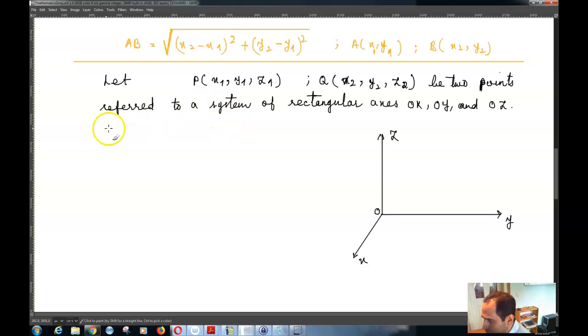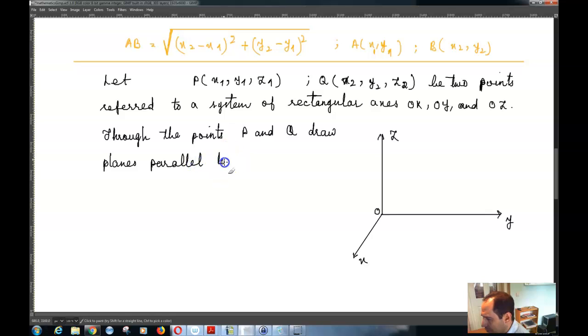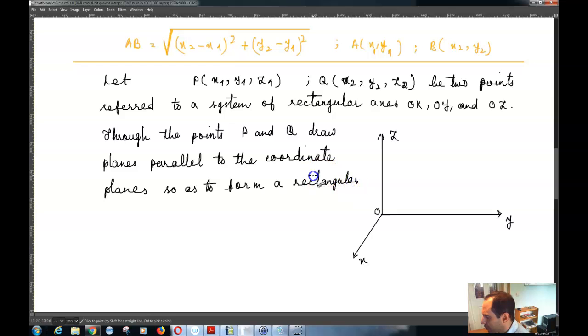So through the points P and Q, draw planes parallel to the coordinate planes so as to form a rectangular parallelepiped with one diagonal PQ.